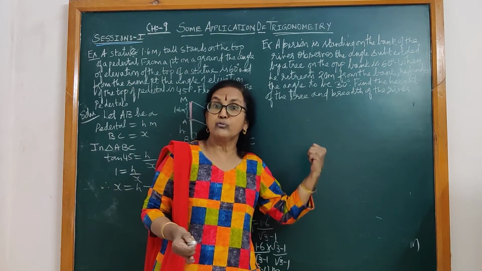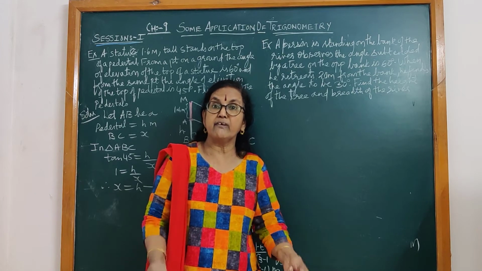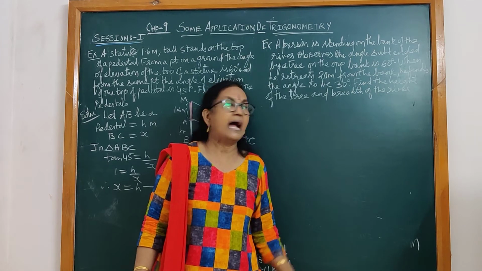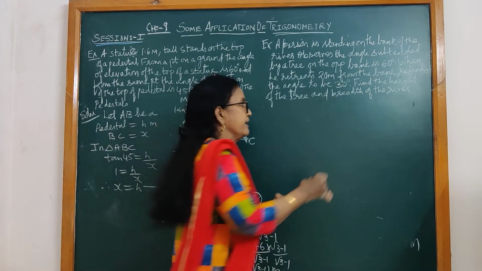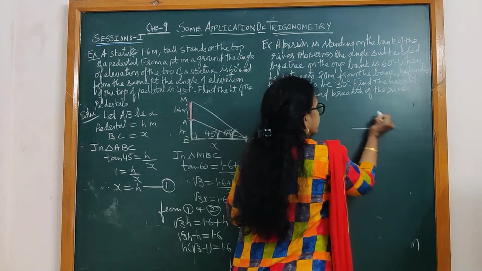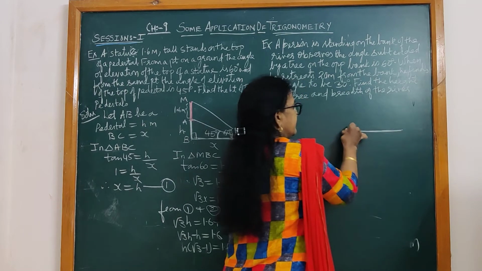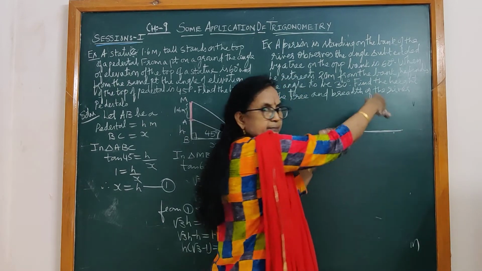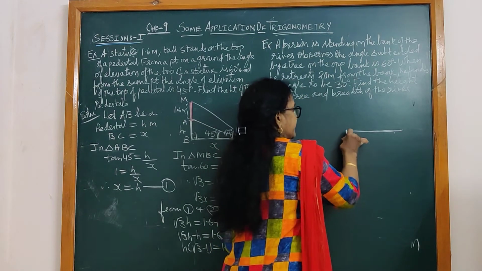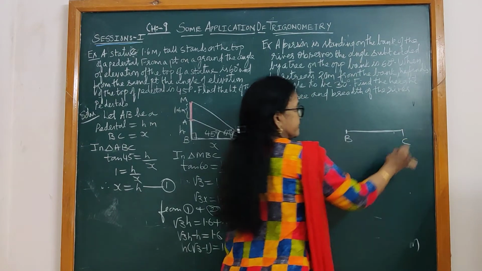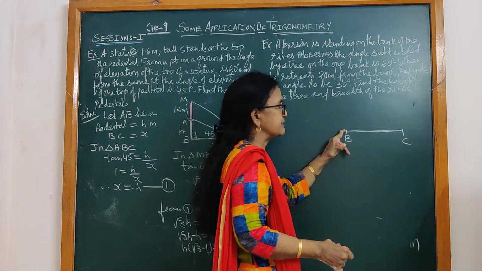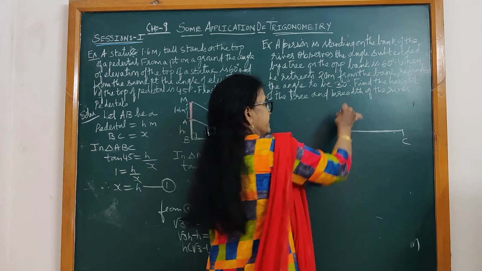So see, by using the applications we can even find out the width of the river and then the height of the tree. Now suppose this is the river width, the river flowing this way. I am taking it as BC. Now on this bank there is a tree.